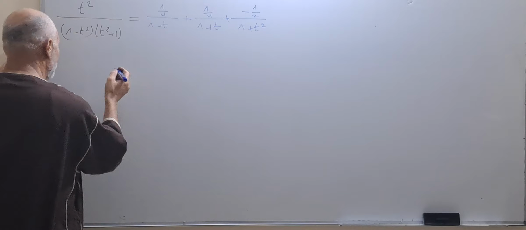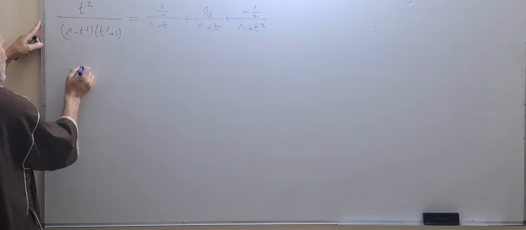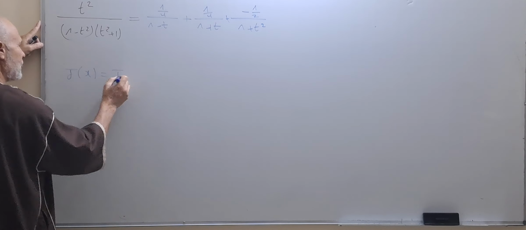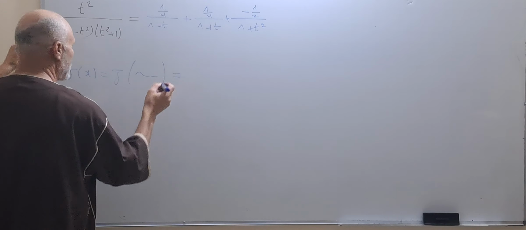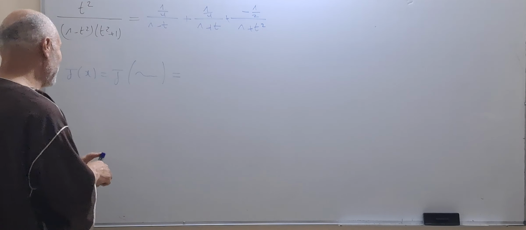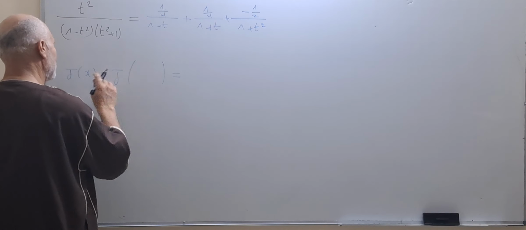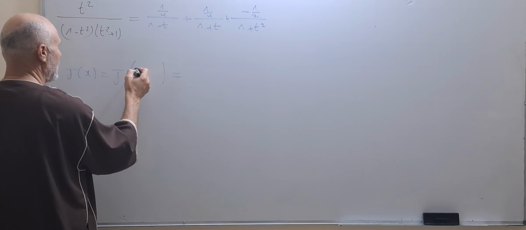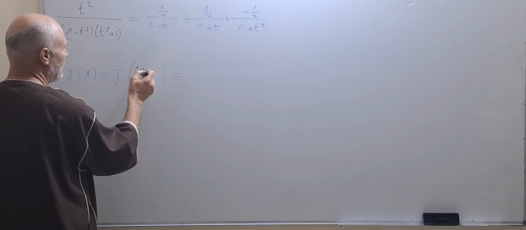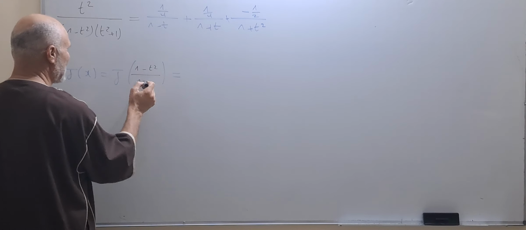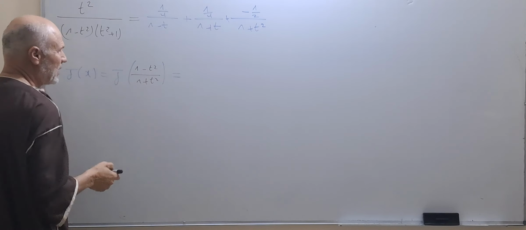Then to integrate g of x, we write g of x with respect to t, which is (1 minus t square) over (1 plus t square), if I remember.